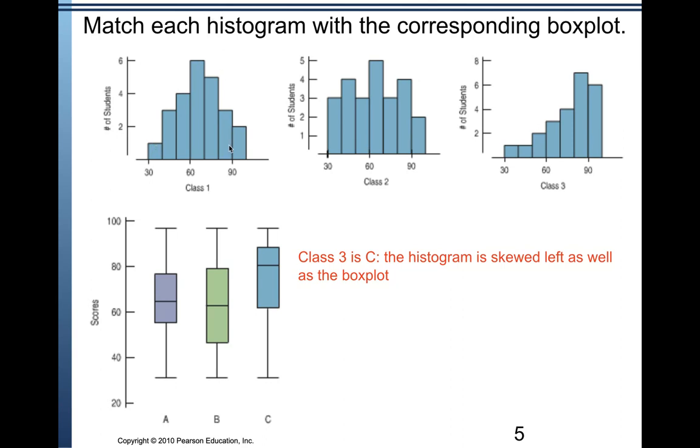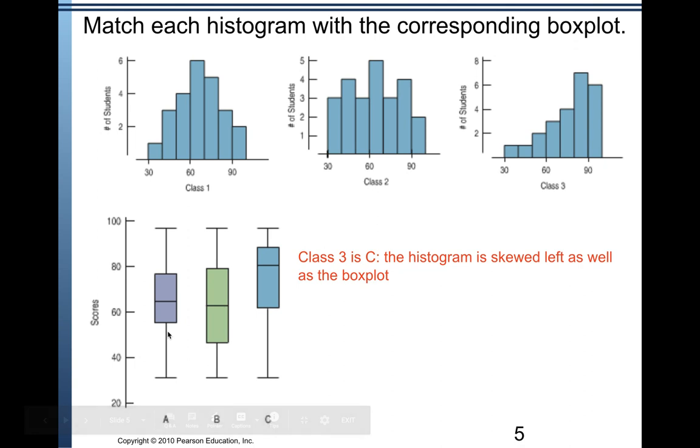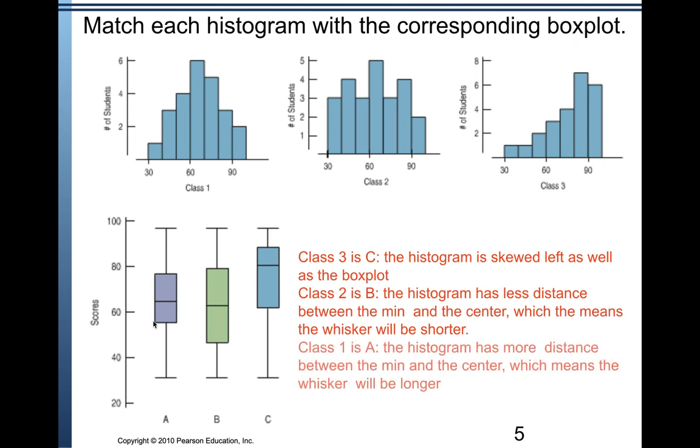Therefore, that box plot, and we're down to A and B, is going to have a longer left whisker. Which one has a longer left whisker? This one right here.